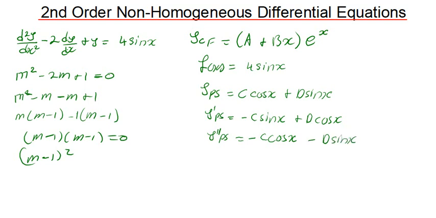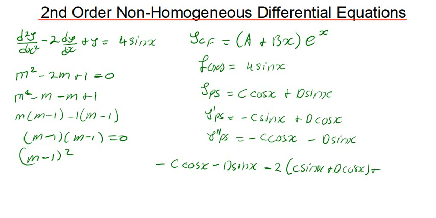So we can do the substitution: minus c cos x minus d sine x, minus 2 open bracket the first derivative, which is minus c sine x plus d cos x, then plus our y.